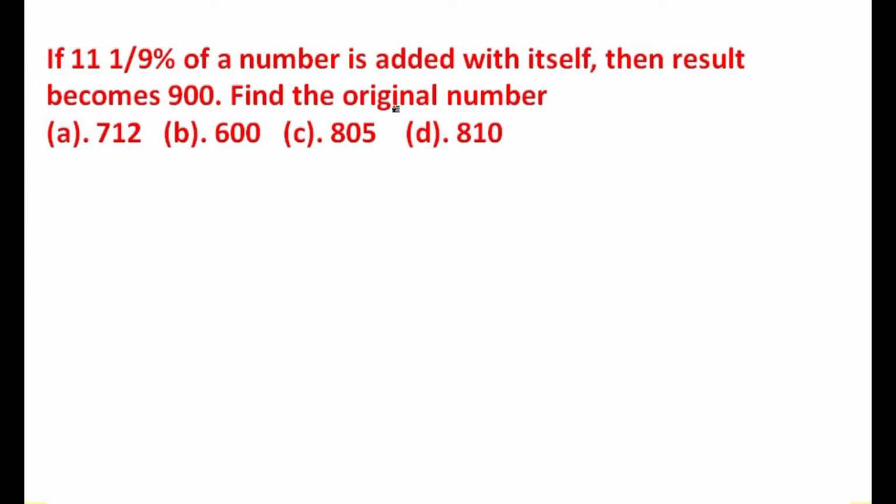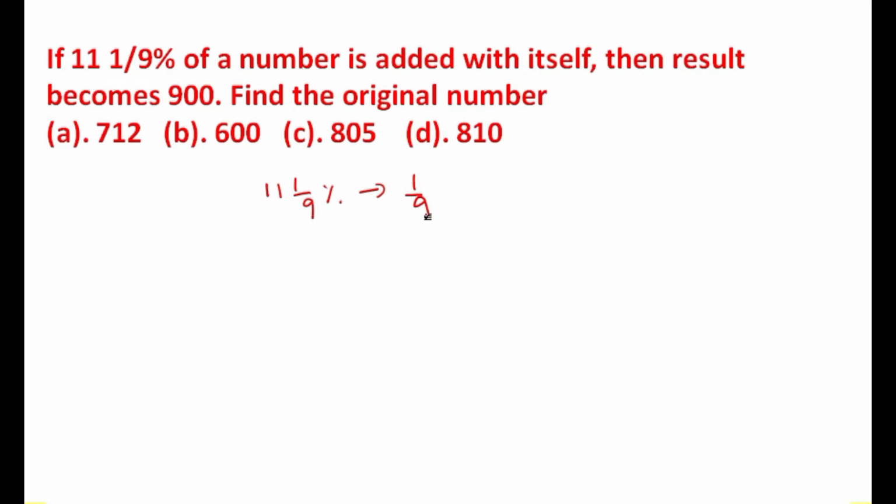If 11 1/9% of a number is added with itself, then the result becomes 900. Find the original number. Okay, we know that 11 1 by 9% in the fraction form is 1 by 9.